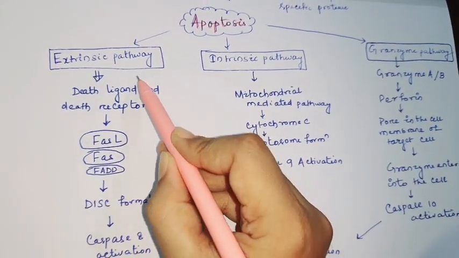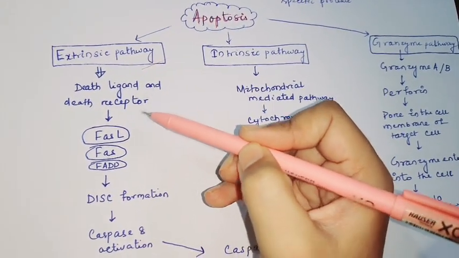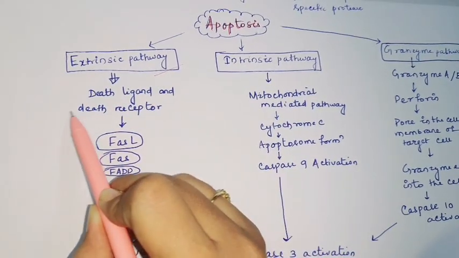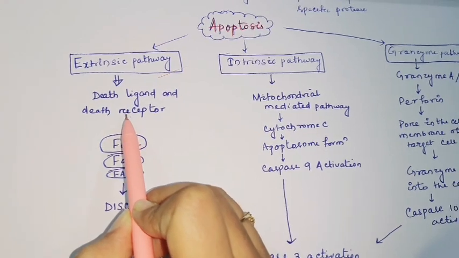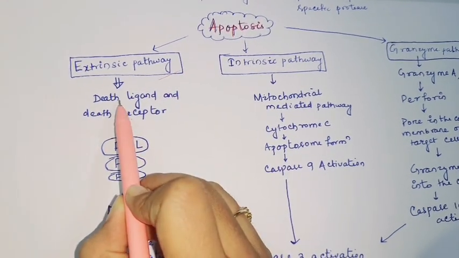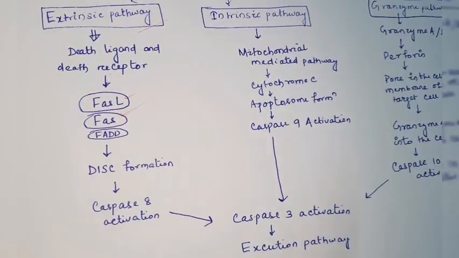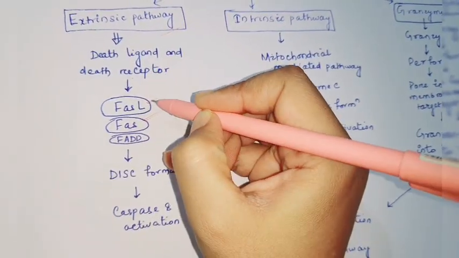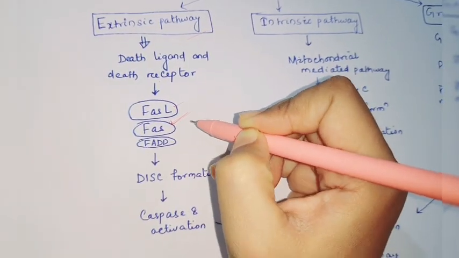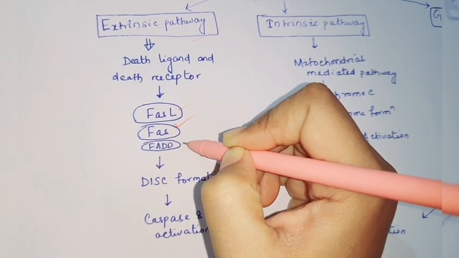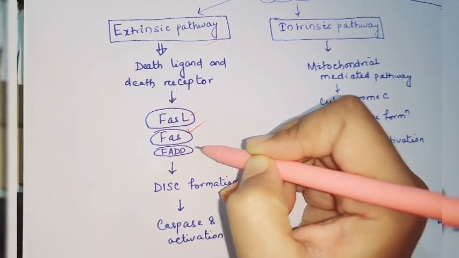So the first one, the extrinsic pathway, where programmed cell death or apoptosis takes place due to the presence of a death receptor on the target cell. One ligand will attach on this death receptor. The interaction of this receptor and the ligand will activate another domain, which is FADD. FADD means Fas associated protein with death domain.